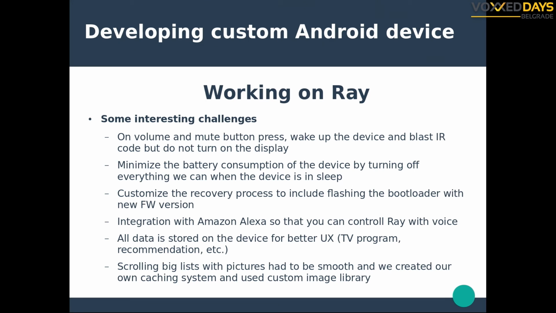So when the device is asleep, the first thing the customer said was a bad user experience was that you need to turn it on, and then you can use it, for example, to put the volume down or to mute. Somebody's calling you, you want to mute, so you need to press the power button to wake it, and then use it.